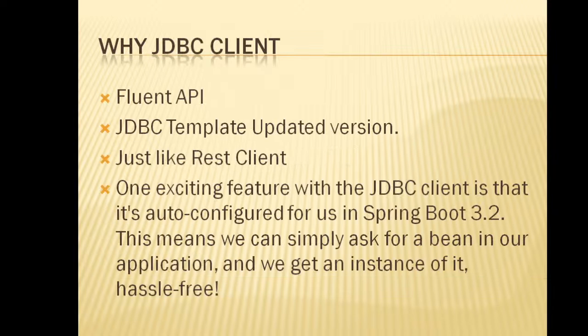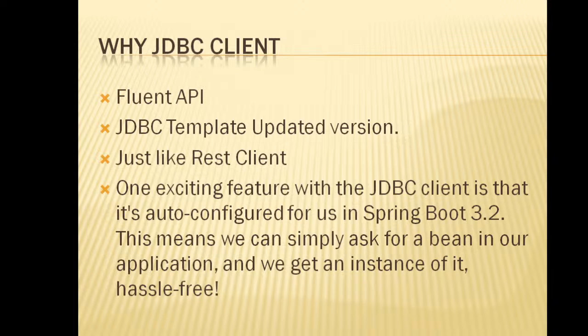So JDBC client is being added as part of Spring Boot 3.2. Why it is added is that JDBC client is built on top of JDBC template. This JDBC template is a template design pattern where there are a lot of methods we have to override, and it becomes a big maintenance burden from the Spring Boot perspective.